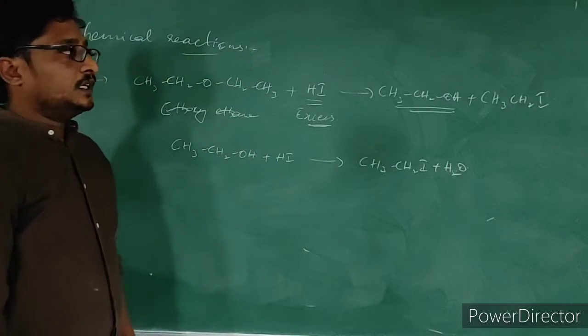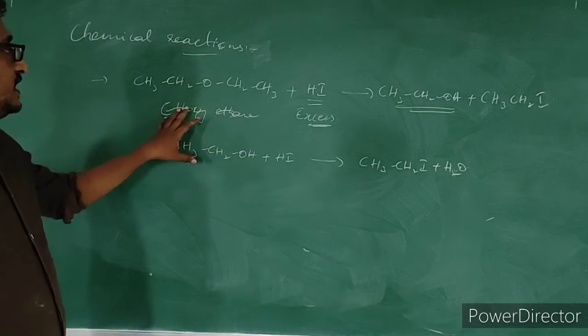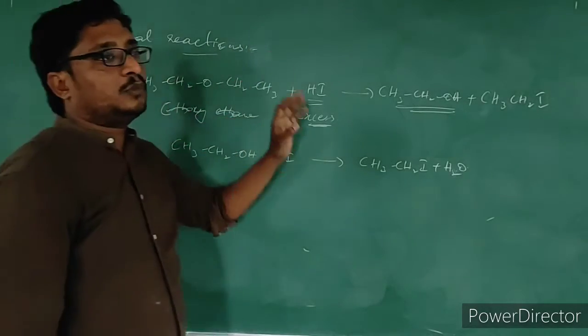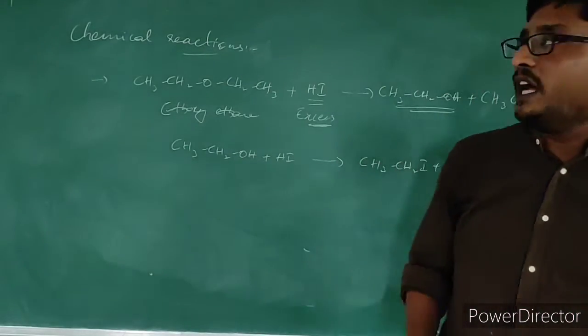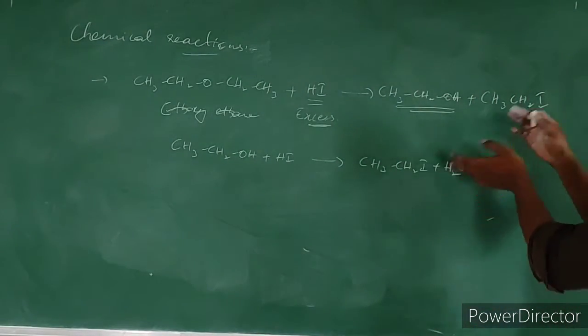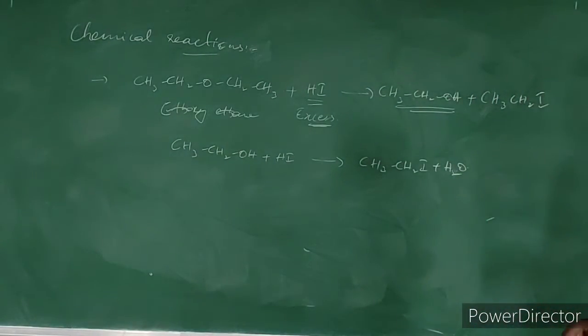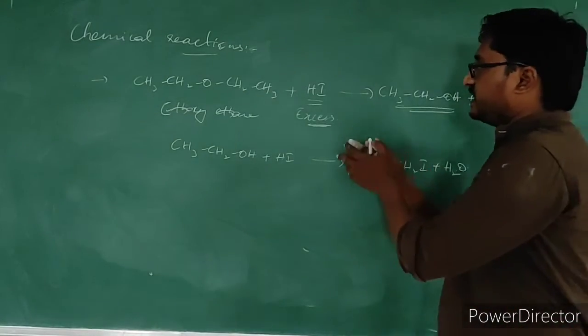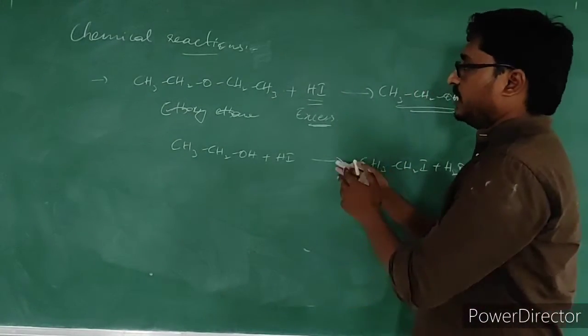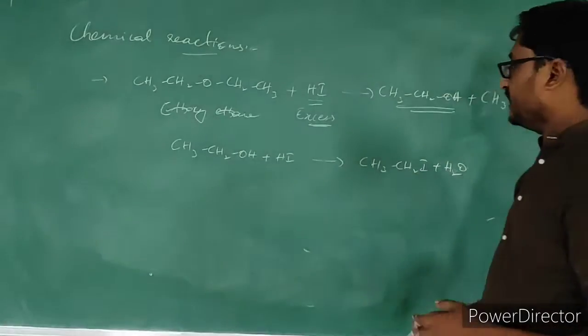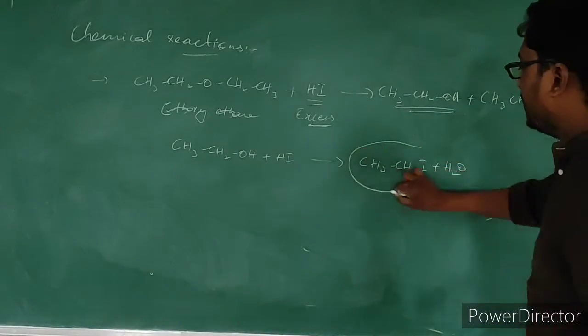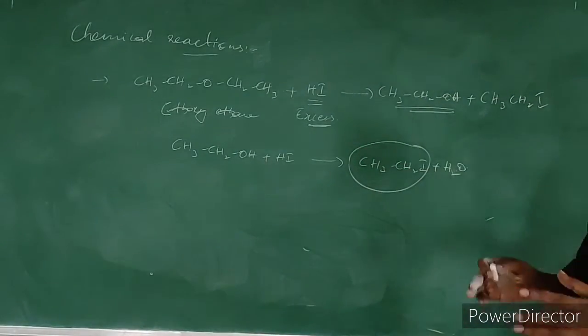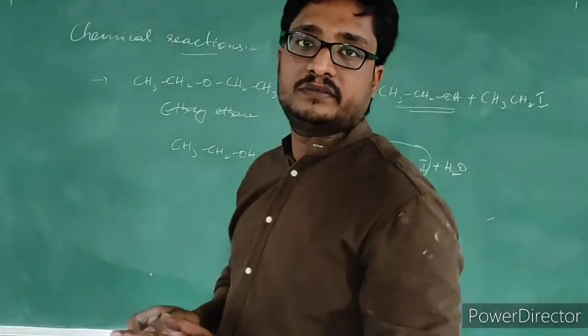When we treat the ether with a limited amount of hydrogen iodide, alcohol and alkyl halide get produced. When we treat it with an excess amount of hydrogen halide, the final product will be alkyl halide only. Alkyl halide will be the major product.